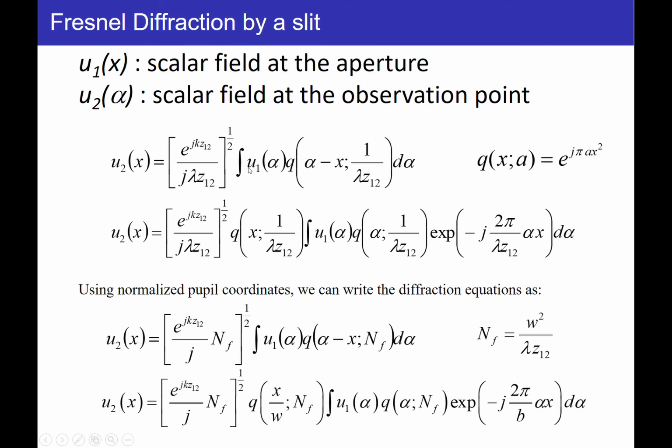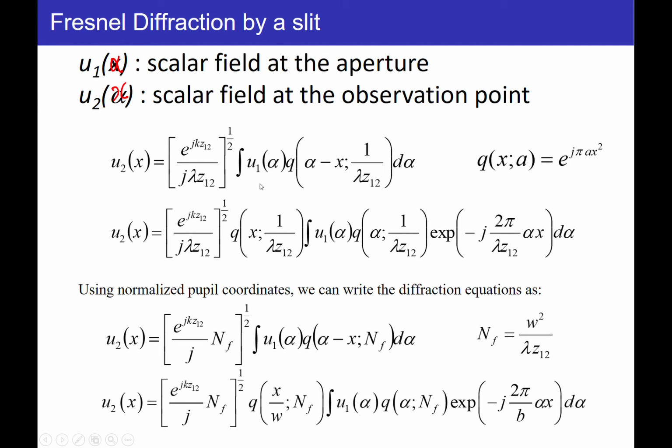So we are going to set U1 and U2 as different functions, such that U1 is the scalar field at the aperture, and U2 is the scalar field at the observation point. I'm sorry, this is wrong. U2 of x. So this is wrong. Sorry for that. I will correct it in the revised PowerPoint.